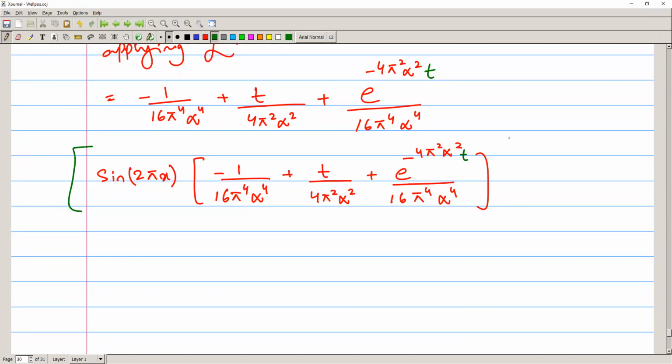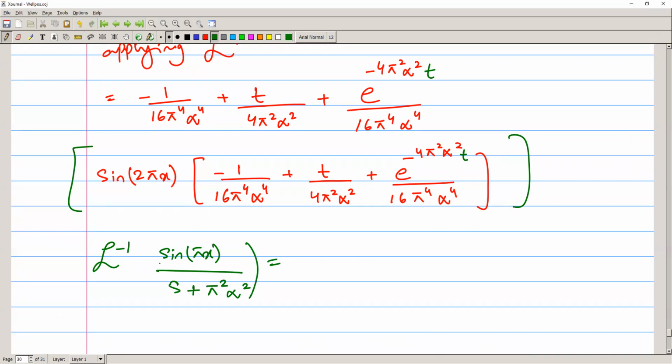inverse transform of that function, sine 2 pi x over s times s plus 4 pi square alpha square. Now we'll find the inverse transform of sine pi x divided by s plus pi squared alpha squared.